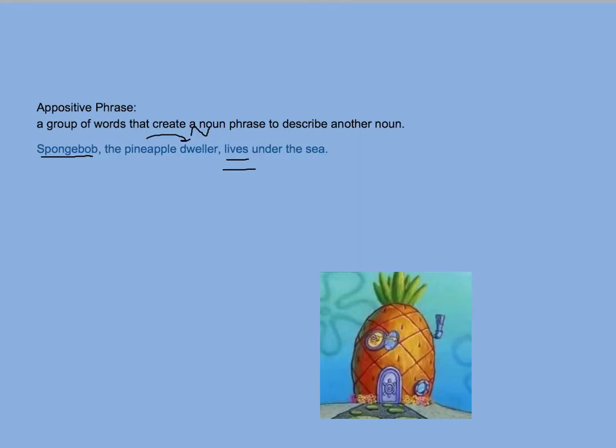Okay, so the pineapple is attached to dweller, so that makes this whole portion my appositive phrase, because we know that the dweller is really describing who SpongeBob is. So, SpongeBob, comma, the pineapple dweller, comma, lives under the sea. And we can see, because it's interrupting the sentence, we have commas around it.